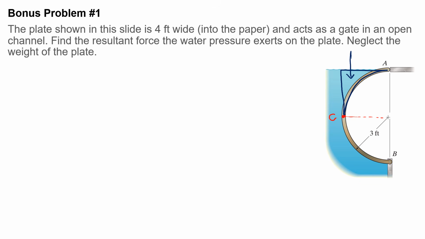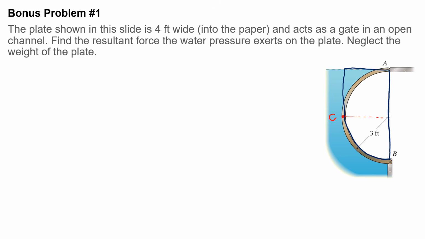How about part CB though? Let me remove part AC from here. Okay, so now if I ask you what would be the forces on part CB, you would tell me it would be the weight of the imaginary fluid on top of CB. So the weight of imaginary fluid would be volume of this area that I'm going over times specific weight of water.